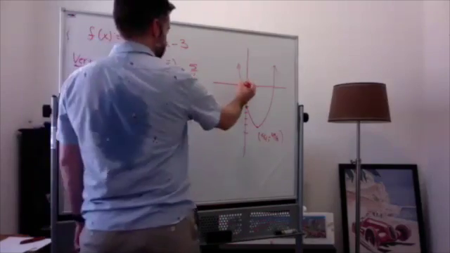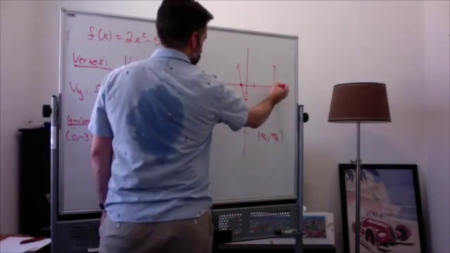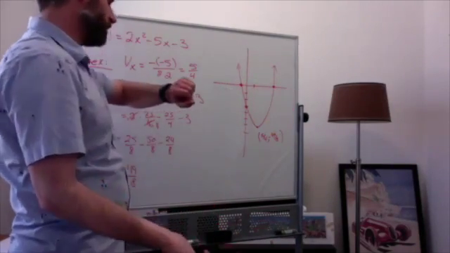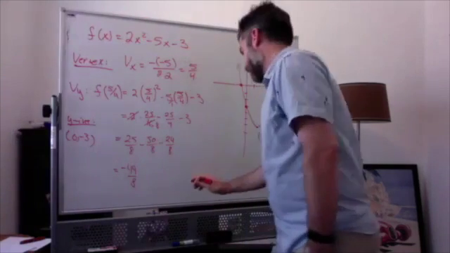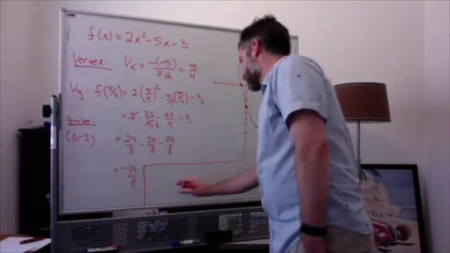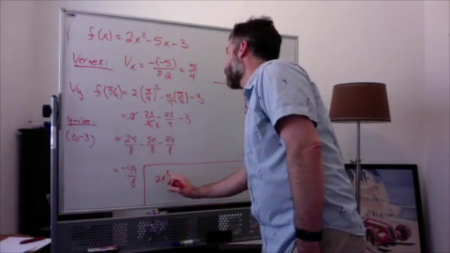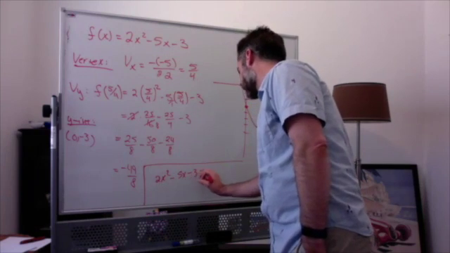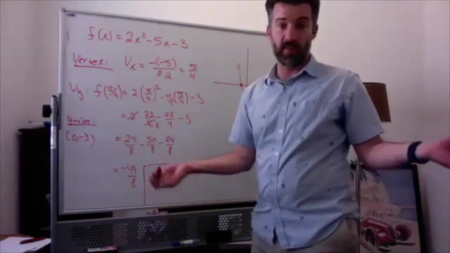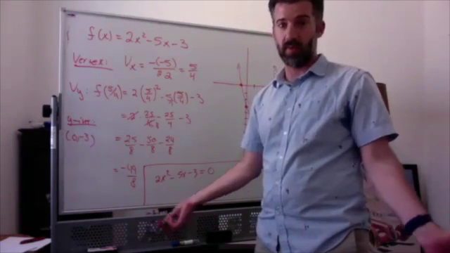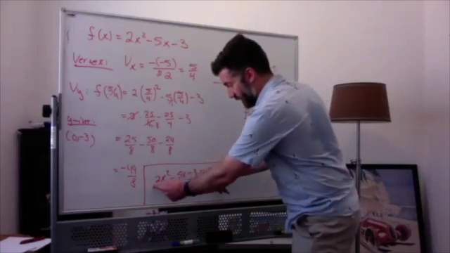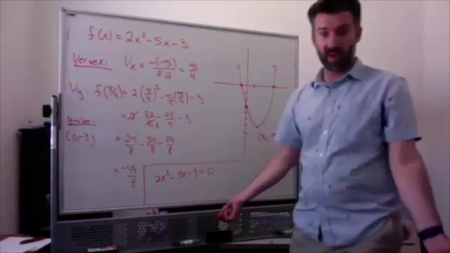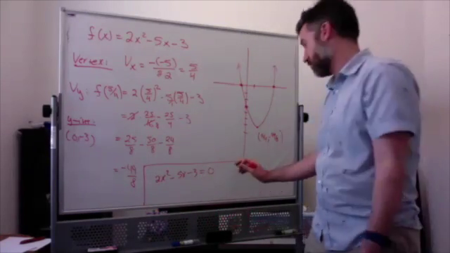I need to find my x-intercepts. And since we're just about out of time, I'll just find them real quick. So solving 2x squared minus 5x minus 3 equals 0. You could definitely use the method we've usually used to solve an equation like this, where you try to multiply to negative 6, not to negative 5. I'm just going to show you how it factors, because this one's not too terrible.